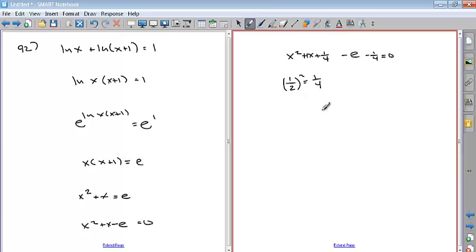And then we make this into a perfect square, which would be x plus 1/2 squared. And then this stuff can move to the right-hand side. So you'll have e plus 1/4. Then you would take square root of both sides, plus or minus the square root of e plus 1/4.